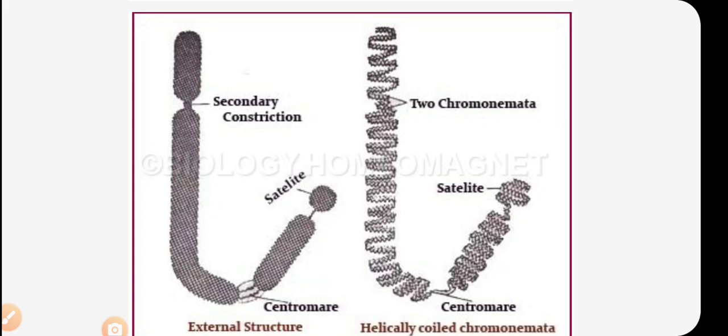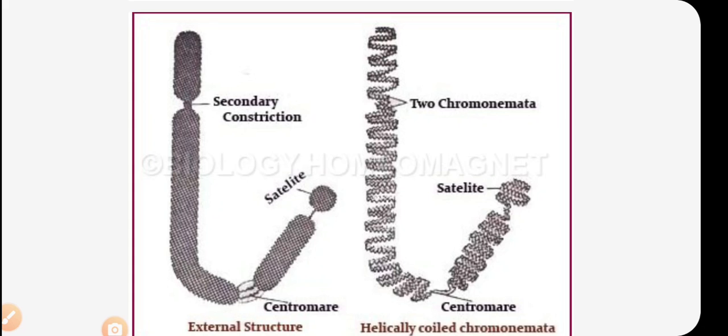This coiled thin thread-like structure of the chromosome is known as chromonemata. Simply, the chromosome in interphase looks like a thin coiled structure.